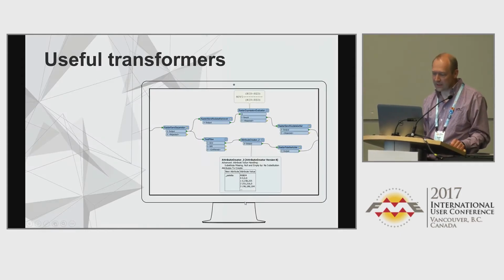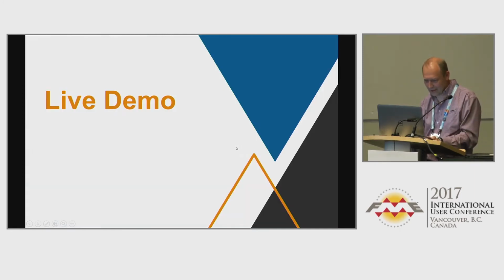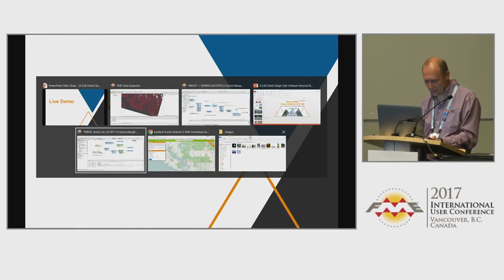So in useful transformers here, I used the palette adder and palette generator transformers. And some scary expression, just to impress you. Yes, I think here I have something like 17 closing brackets. And now I can go to that workspace and show how it works.